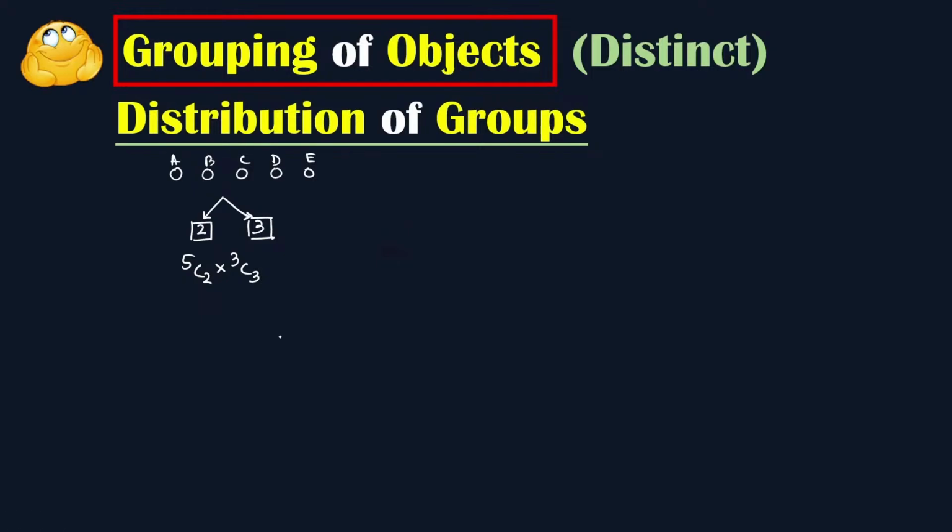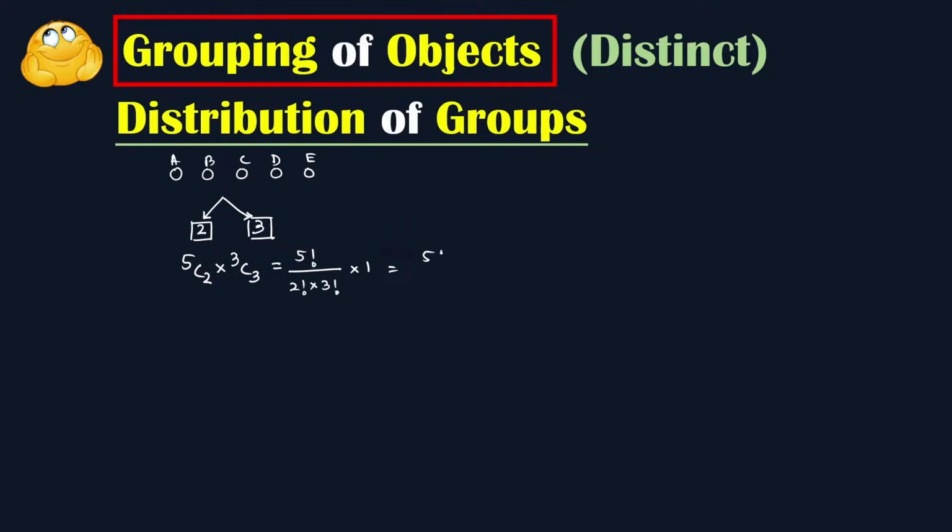Is it clear? So this is the total number of ways in which you can form 2 groups which will have 2 objects in one group and 3 objects in the other group. Now, if I go for calculating this, what we are going to have? We are going to have factorial 5 divided by factorial 2 into factorial 3, and 3C3 is basically 1.